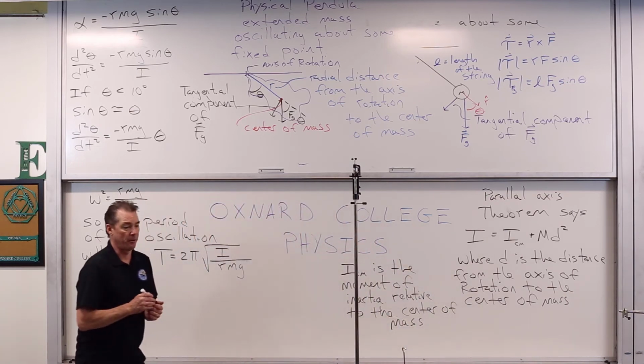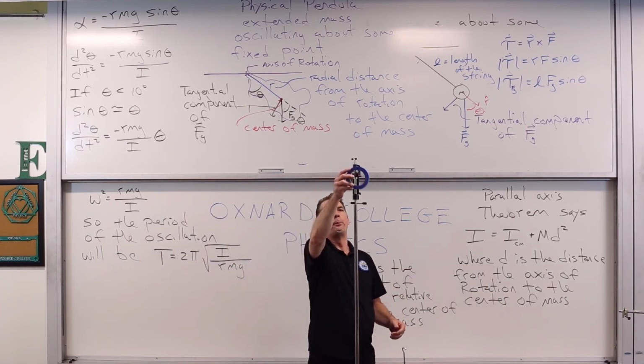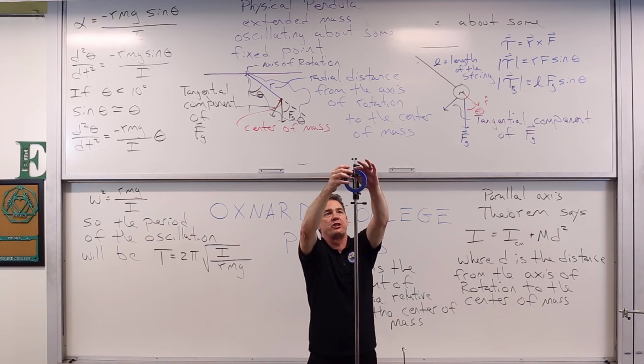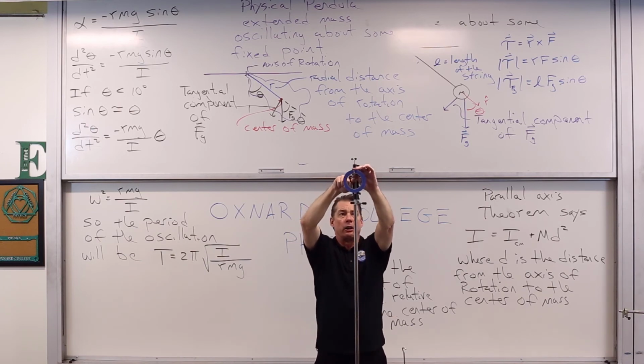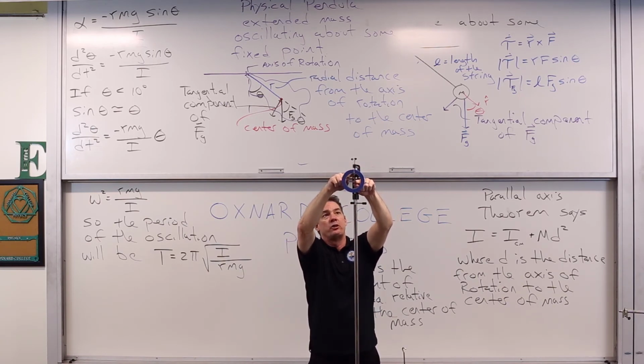So say we've got ourselves a cylinder, a hoop or solid cylinder or something, and we hinge it somewhere that's not the center of mass. Well, what's the moment of inertia of this object? It's the moment of inertia relative to its center plus this mr squared, the total mass multiplied by the radial distance from the axis of rotation to the center of mass itself.